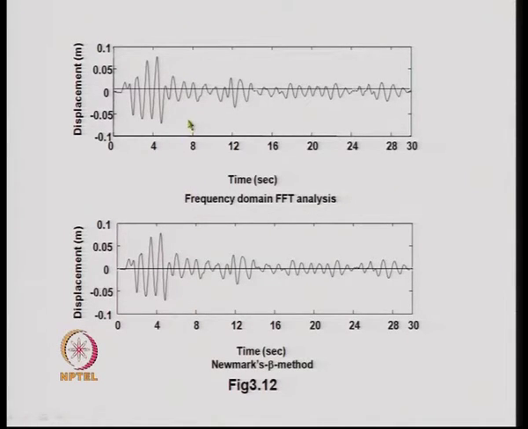The reason was that the initial condition that was taken for this problem was that it was at rest, that is, there was no displacement and no velocity at time t is equal to 0. Therefore, both the frequency domain solution and the Newmark's beta method solution provided nearly the same result.